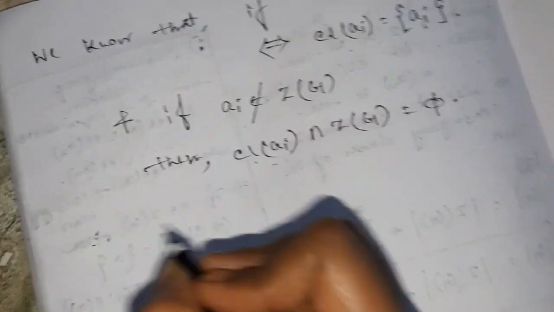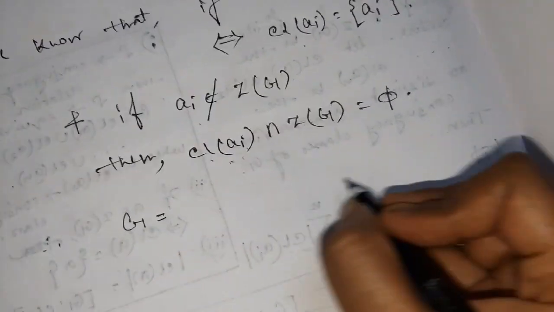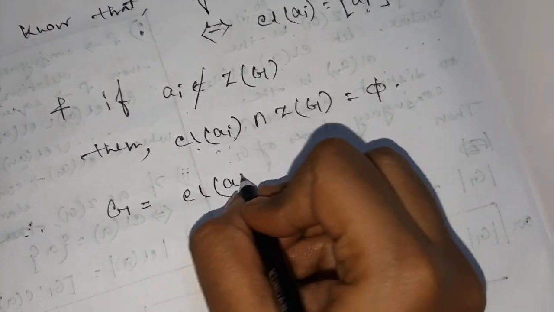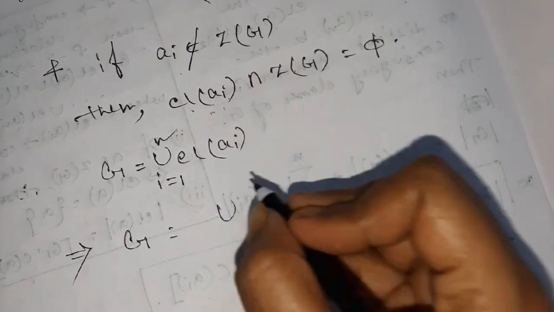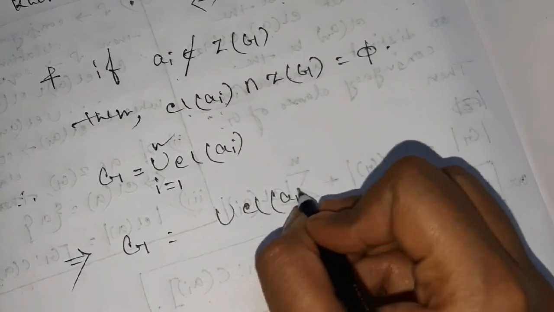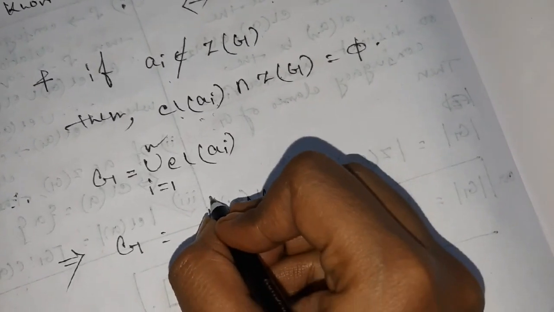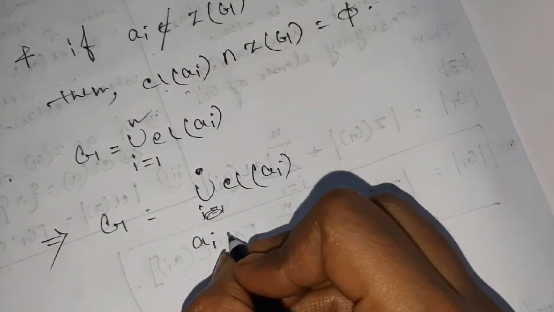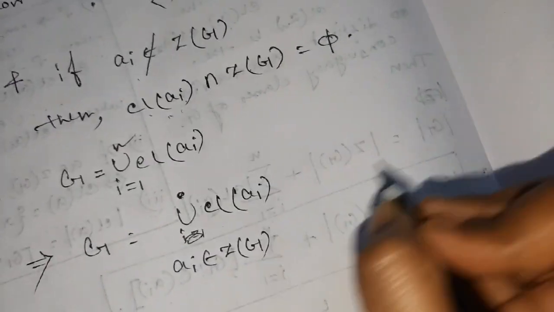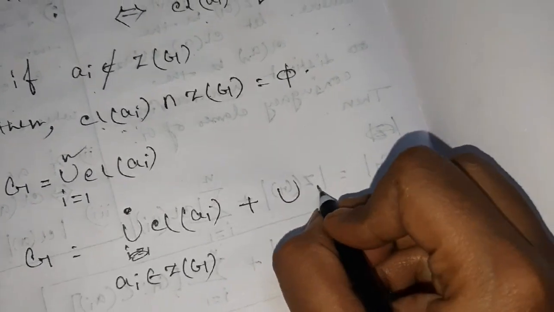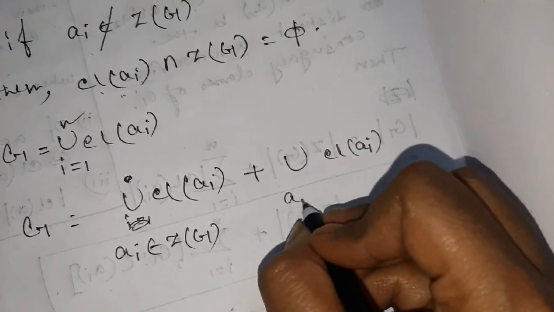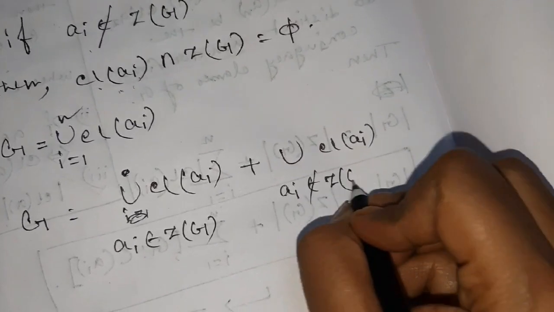Okay, so therefore G equal to union class of AI, I equal to 1 to n, will imply G equal to union class of AI, I equal to 1 to n, okay, not this, class of AI for all those AI belong to ZG, plus union class of AI for all those AI does not belong to ZG.